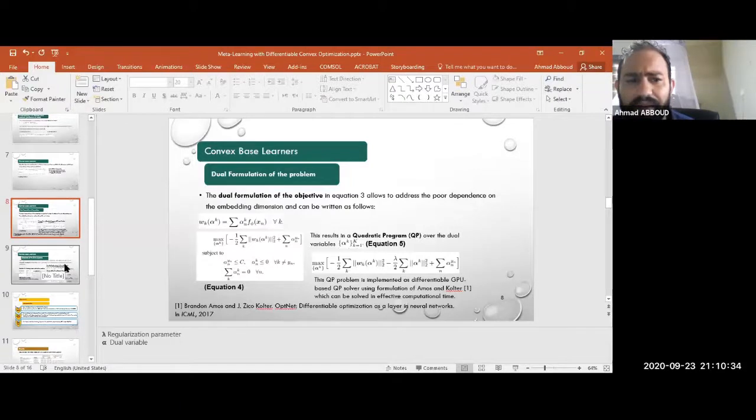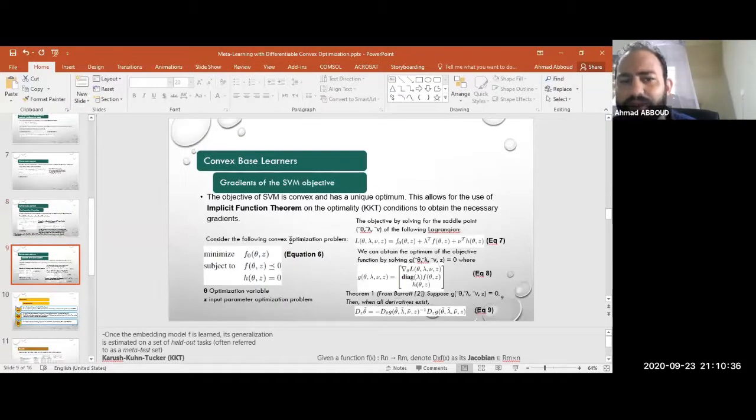The next point that they take advantage of is the gradient of the SVM objective. We have in the theorem that the objective of SVM is convex and has a unique optimum, because it is a convex problem. This allows for the use of the implicit function theorem on the optimality KKT conditions, the Karush-Kuhn-Tucker conditions, to obtain the necessary gradient.